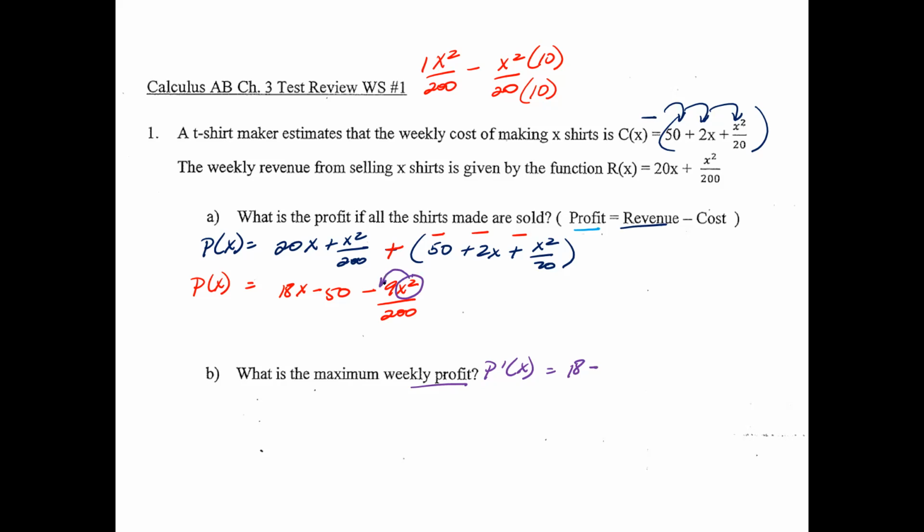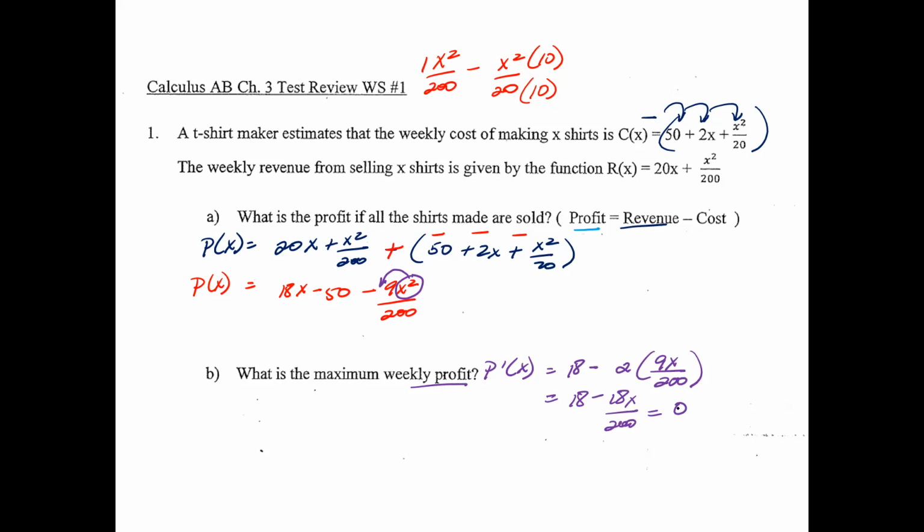Take the 2 down, so bring that down. Just think of 9 over 200 as a constant. So if you bring the 2 down, it'll just give you 2x. So 2 times the 9, x over 200. And if you simplify that, 18 minus 18x over 200 equals 0.